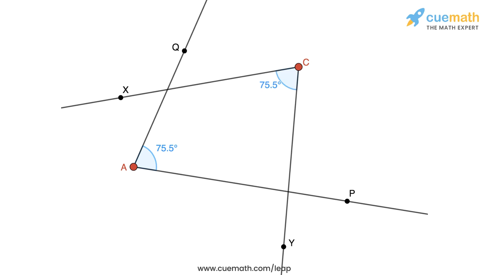And now label the two new points of intersection as B and D, and complete the quadrilateral ABCD.